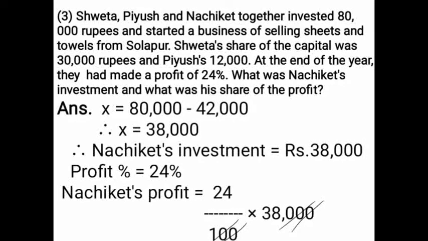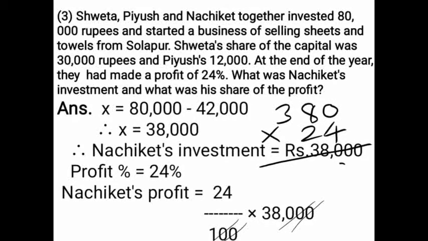Multiply 380 into 24 now. 4 zeros are 0. 4 eights are 32. 4 threes are 12. 12 plus 3, 15. 2 zeros are 0. 2 eights are 16. 2 threes are 6. 6 plus 1, 7.